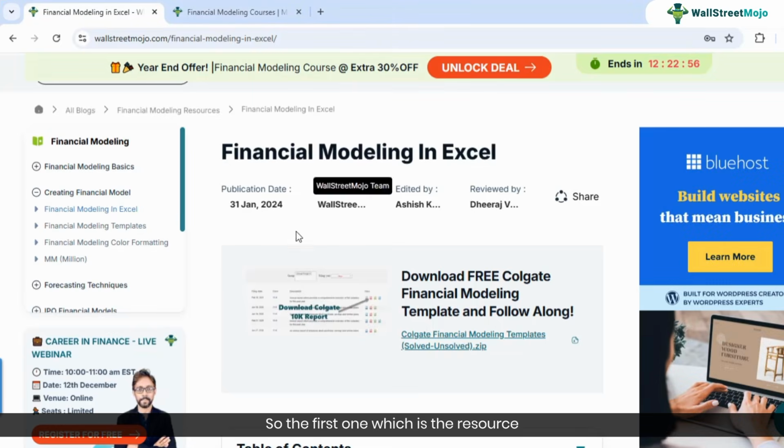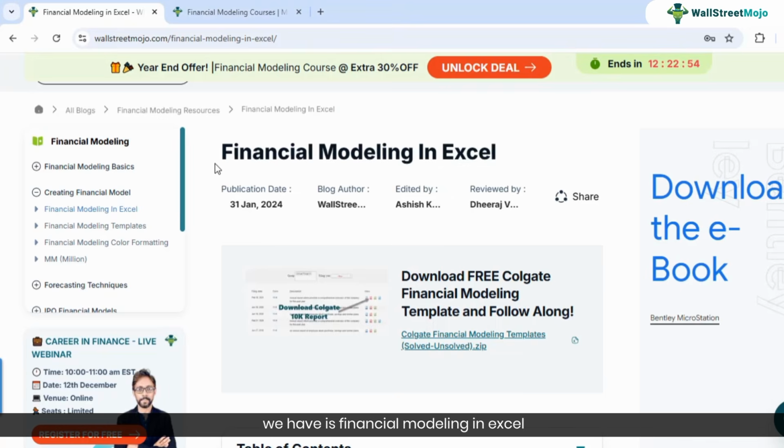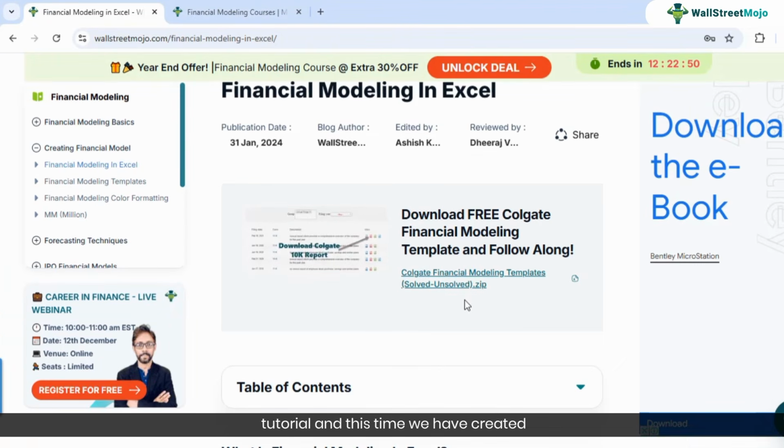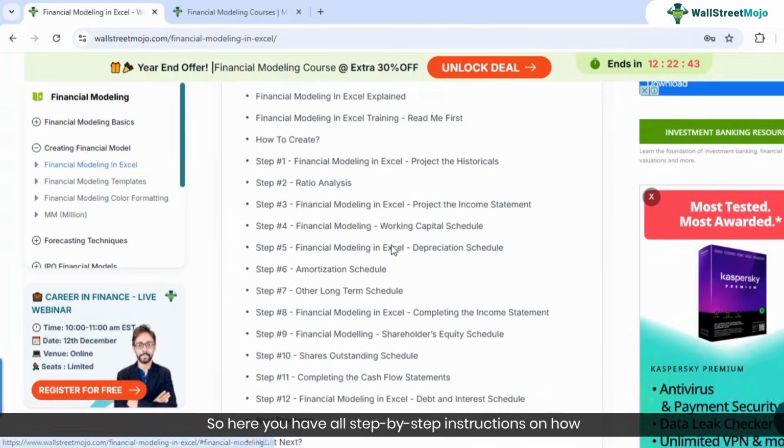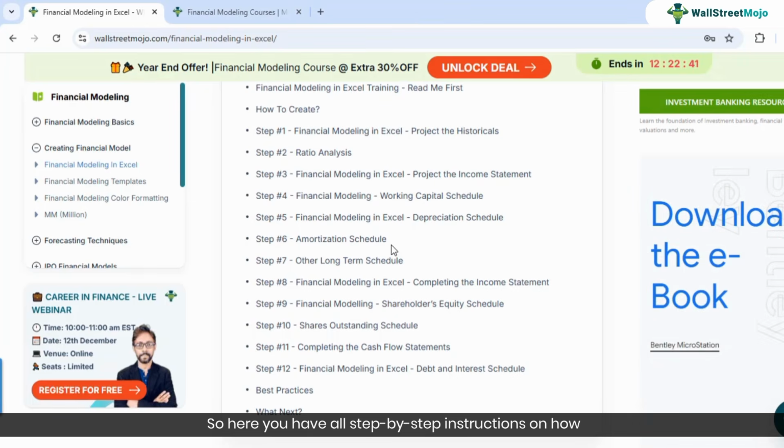The first resource we have is the financial modeling in Excel tutorial. This time we have created a financial model of a real life company, Colgate. Here you have step-by-step instructions on how to create a financial model of a company like Colgate.